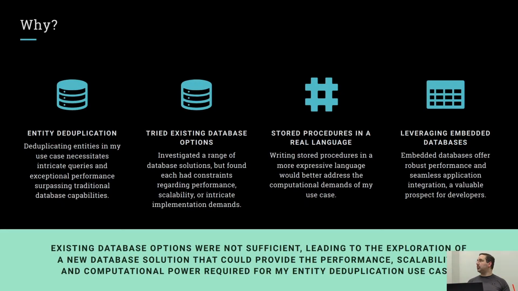I tried using existing database options, which took days and days to process initially. And I thought, surely there's a better way to do this, because I tried lots of things. This first part is about how I went about this and why I came up with building what I did, and coming from days to process to hours.